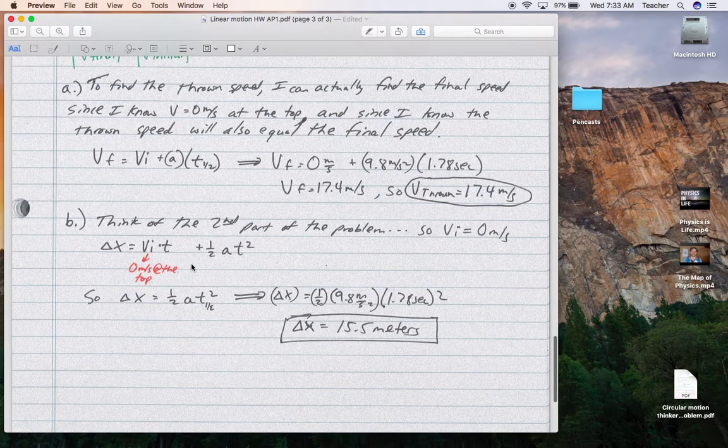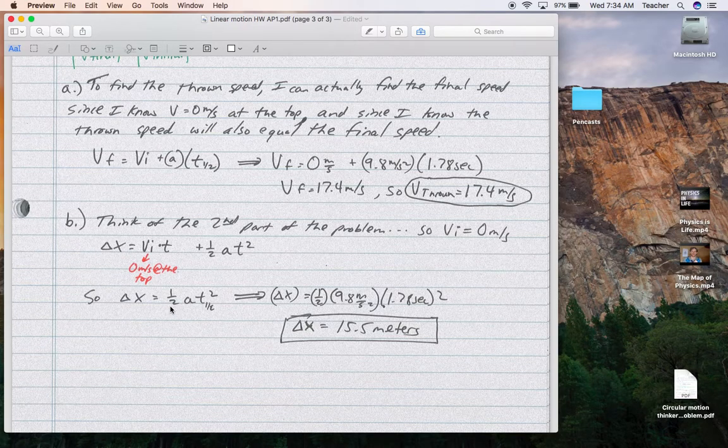So with that being said, I can think of the first half of the trip, in which case I would have this v_i as negative and the acceleration be positive, or I can think of the second half of the trip where this is 0 and downward is positive. Either way, it's going to get me the same magnitude of answer. So I like the 0 here because it makes my life easier.